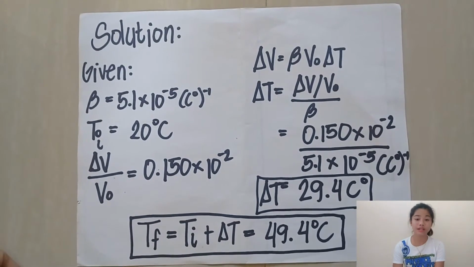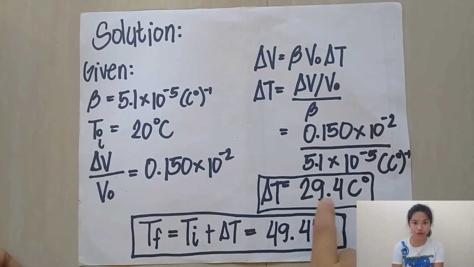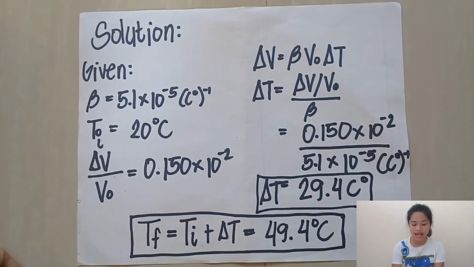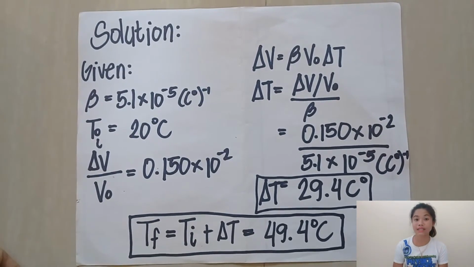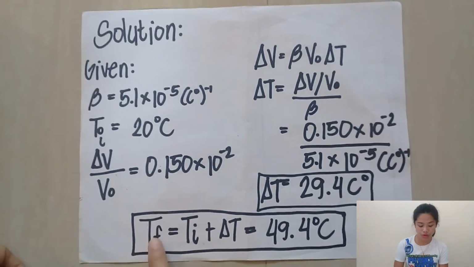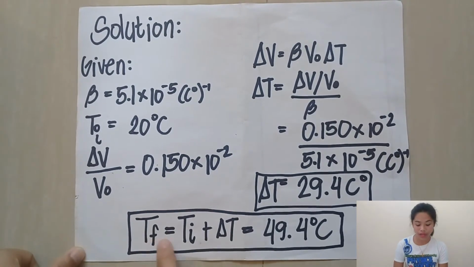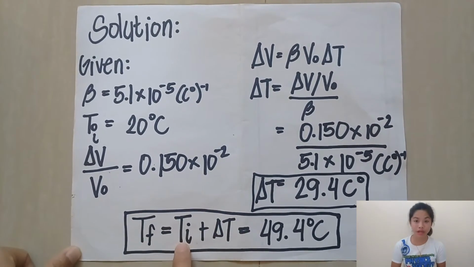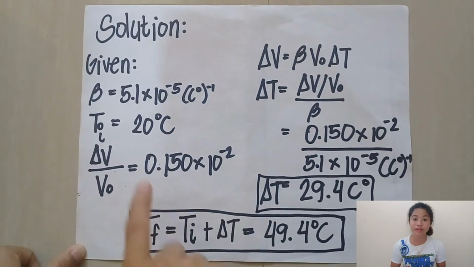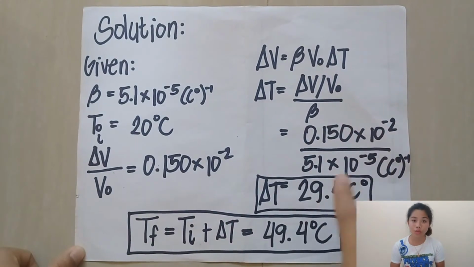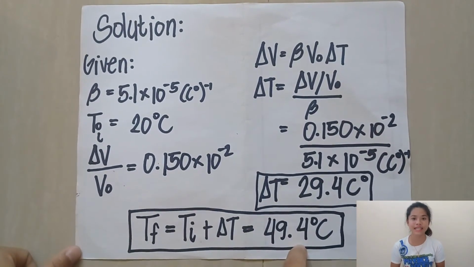As a result, our delta T is equal to 29.4 Celsius degrees. Then in the problem, we will find the final temperature. We have the initial temperature plus the change in temperature. So, T naught plus delta T is equal to 49.4 degrees Celsius.